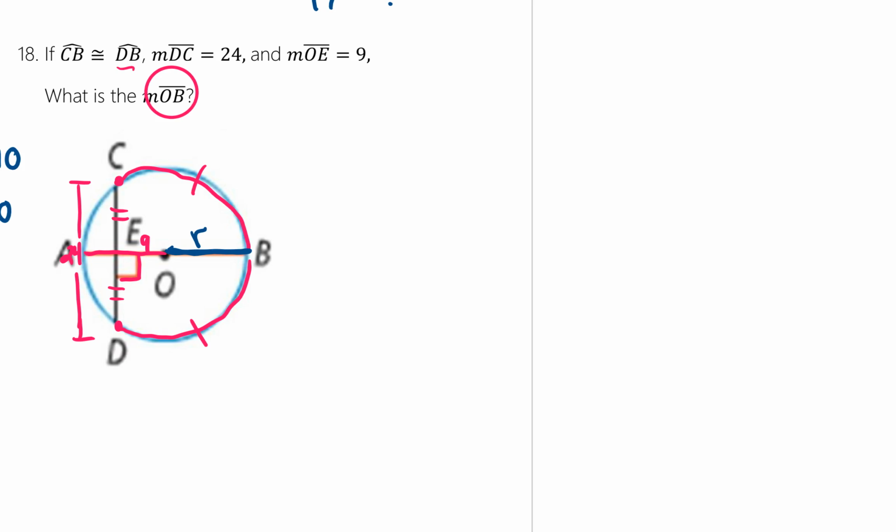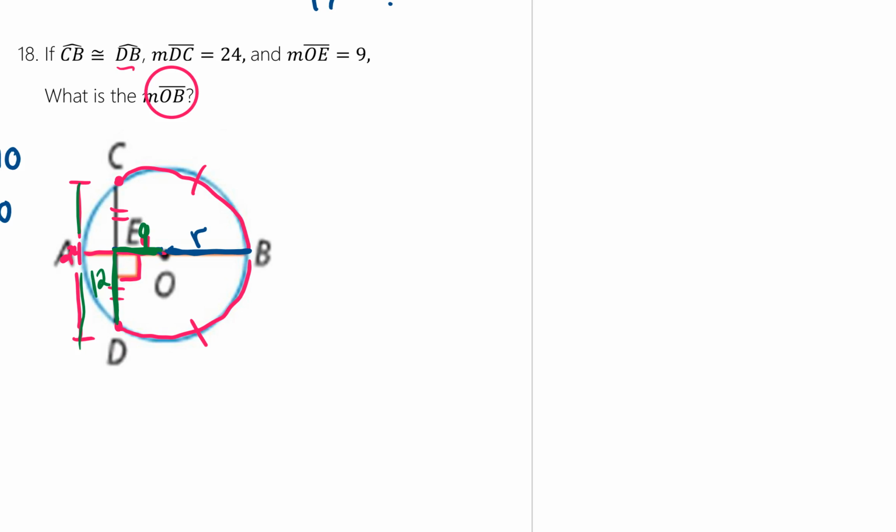In a problem like this we need to be a little creative. If I know this line here is 9, and I know the whole line from C to D is 24, this piece is going to be half of that, so that's got to be 12.